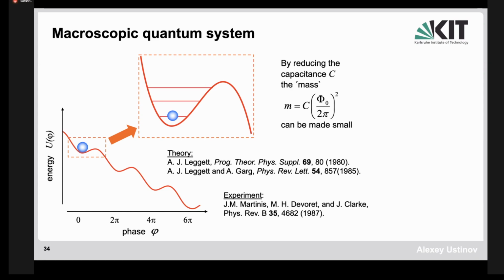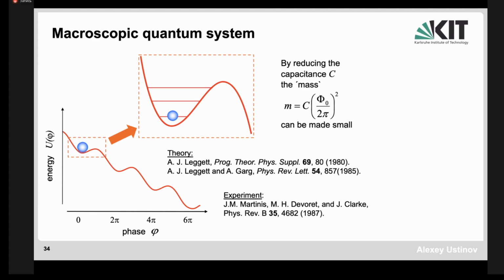I told you already, the capacitance is associated with inertia. So if I make a junction which will have a very tiny capacitance, then this effective particle becomes very, very light. And if it becomes light, then quantum mechanics starts playing a role. And if one puts the numbers here for small capacity junction, then the effective mass of this particle is actually ridiculously small.